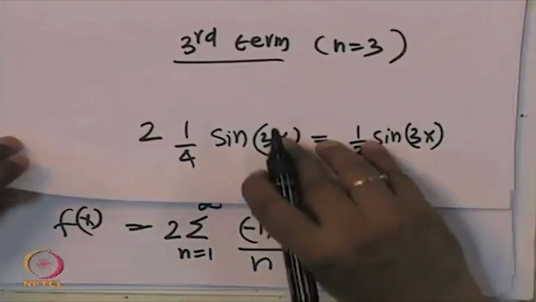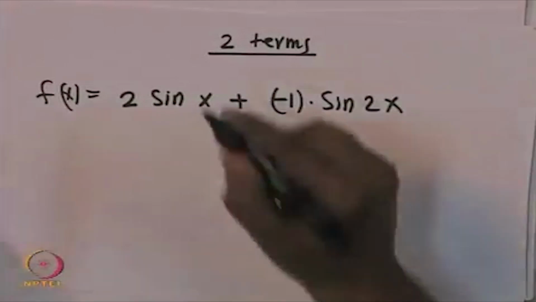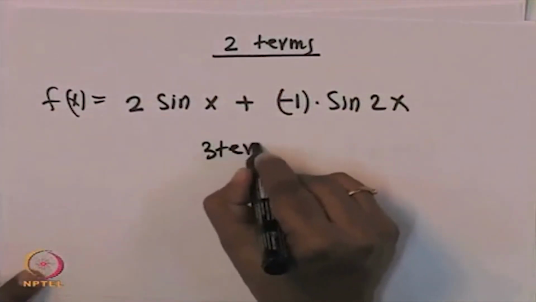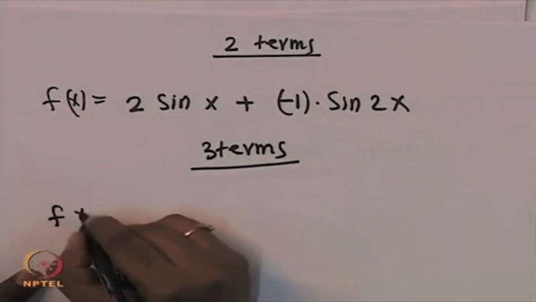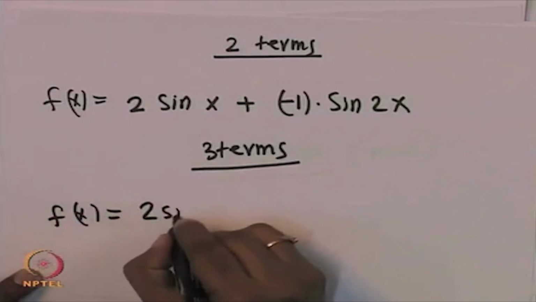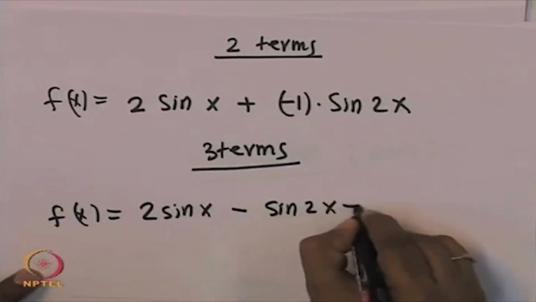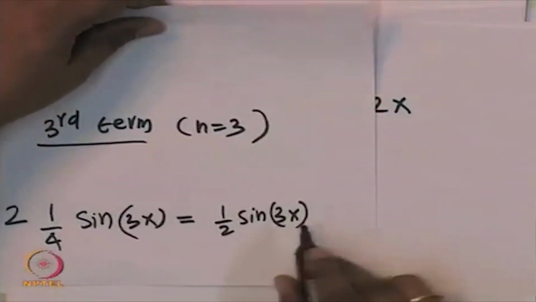So, now we add one more term to this. So, let us make it 3 terms. If you plot 3 terms, what is our f of x? 2 sin x minus sin 2x plus the third term, which was half sin 3x.